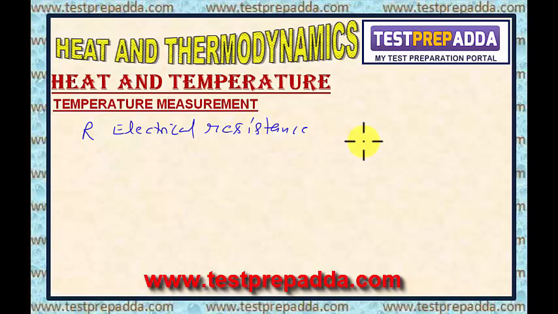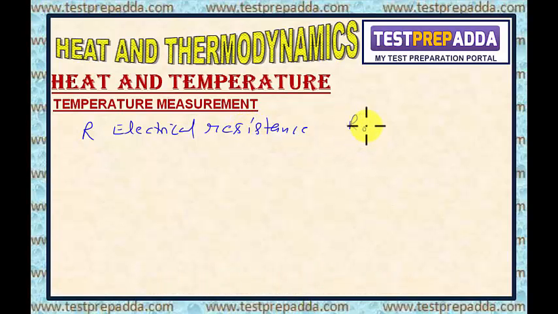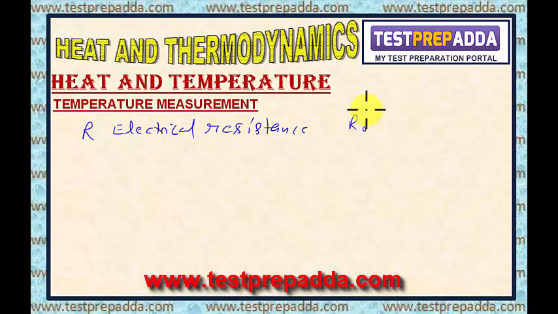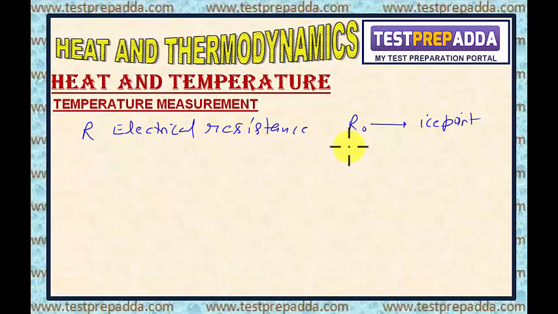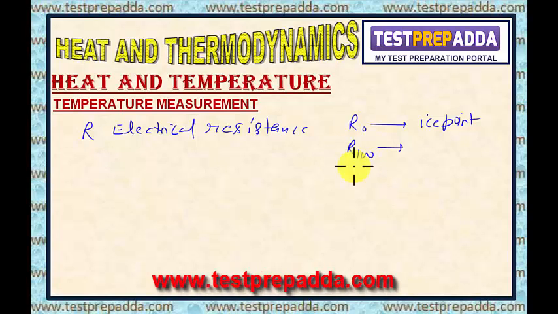If I say R naught is the electrical resistance of metal wire at ice point, and R100 as the electrical resistance of metal wire at steam point.